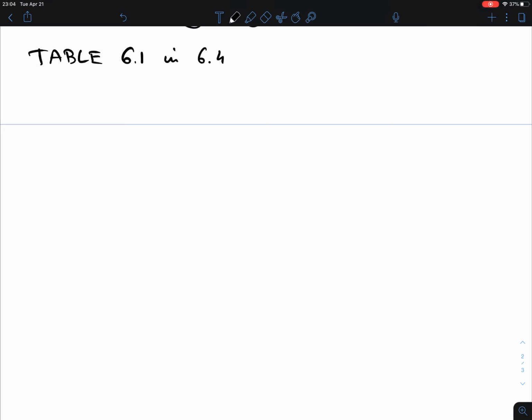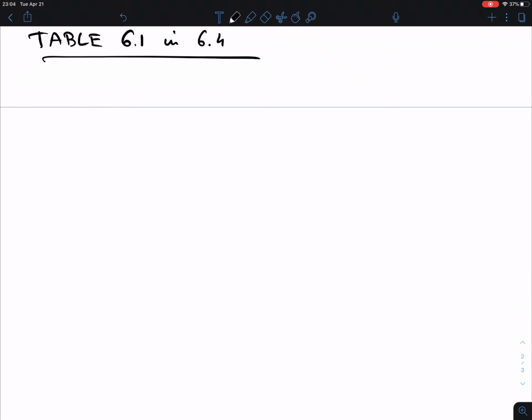Be careful, the table number is 6, but it's in 6.4. It's not even the entire table that I want you to know, so I want to make my own table. Whenever it comes to finding a Taylor series, if it's one of the ones in the table, we just copy it. On the tests and exams, you look at the table and say, oh, there it is. Now, I have to warn you, the table in the book is not as nice as you might have wanted, so I'm going to make it a little bit nicer.